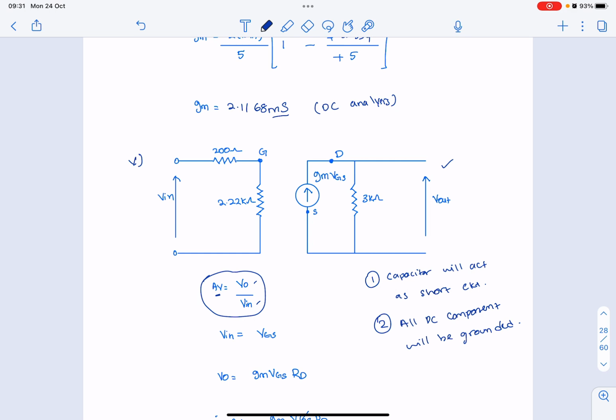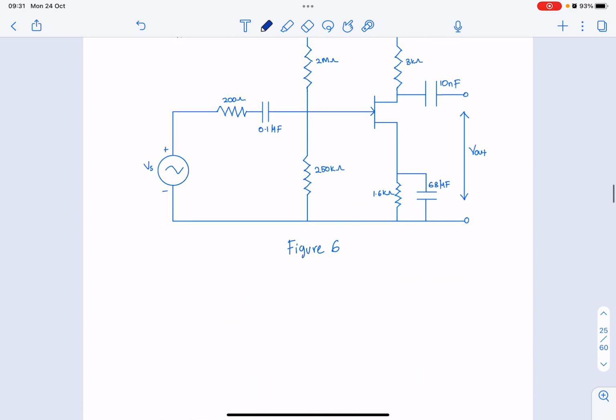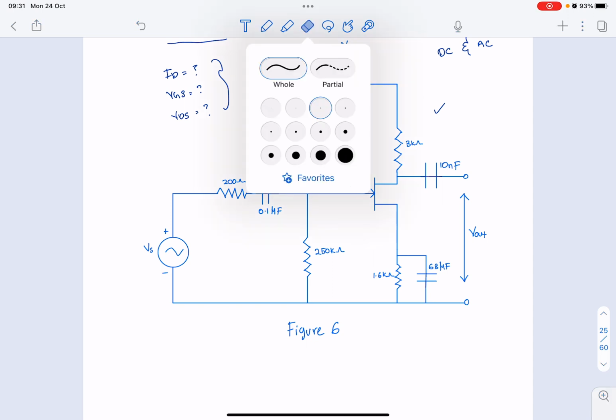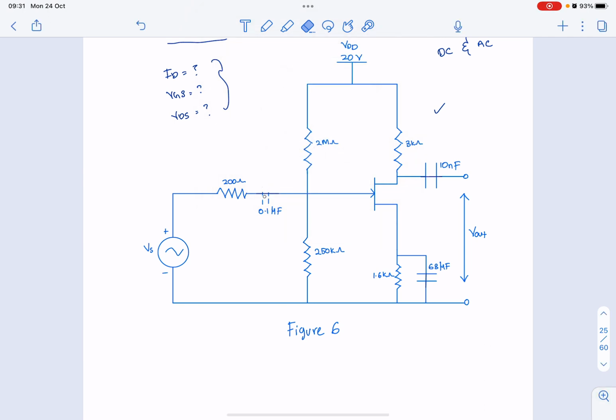Okay. So if you look at this one, this capacitor becomes short in AC analysis. This one is also short. Even though there are capacitors here, in this circuit you do not need to be concerned about these capacitors disturbing your diagram or circuit.